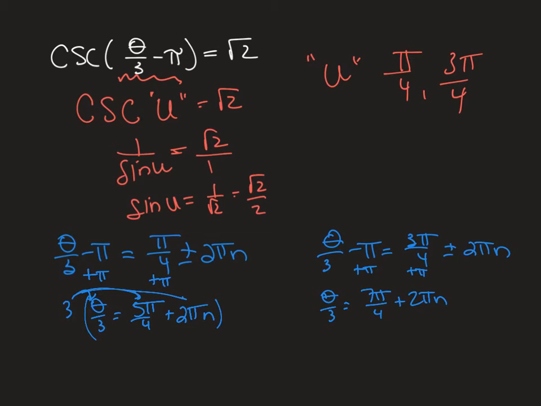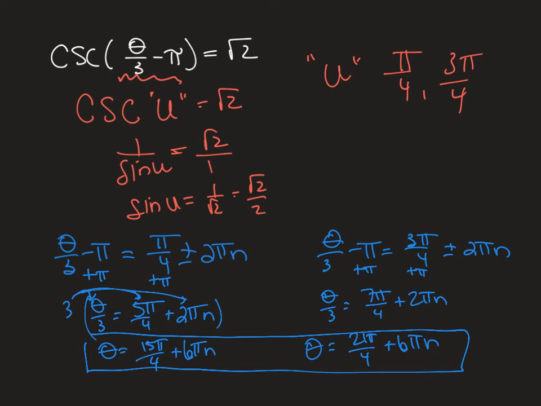So you're going to multiply all of that by 3. Same thing over there on the other one. So you get theta equals 15 pi over 4 plus 6 pi n, and theta equals 21 pi over 4 plus 6 pi n. So this would be all solutions.